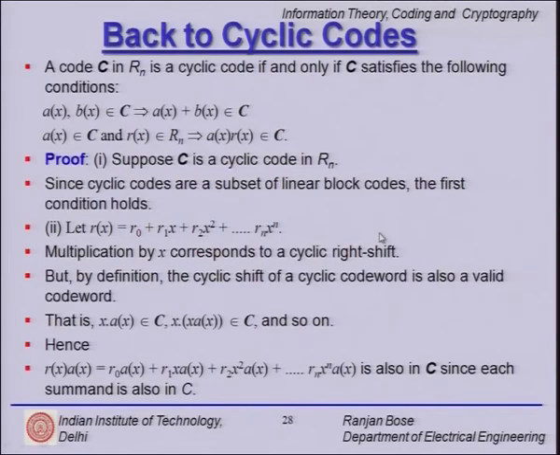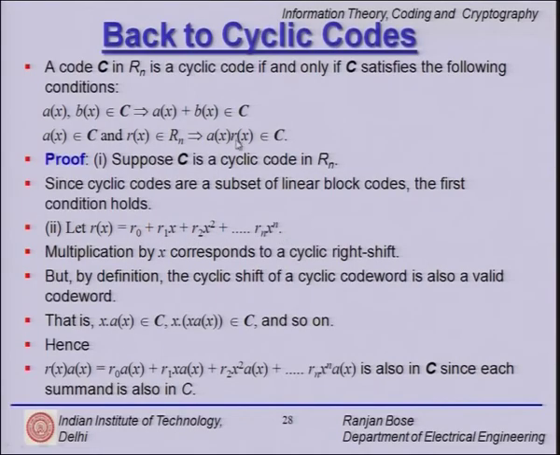Okay. So, let us understand this. The first part is very simple: the sum of any two code words is also a valid code word. The second part can be understood simply as follows. If you look at multiplication of a valid code word with R(x), R(x) is nothing but a polynomial given by this.